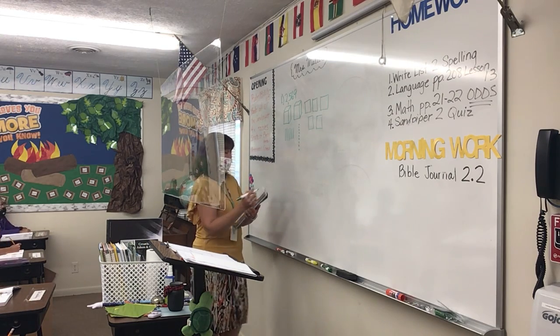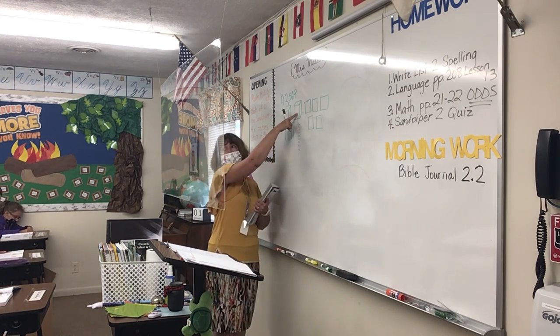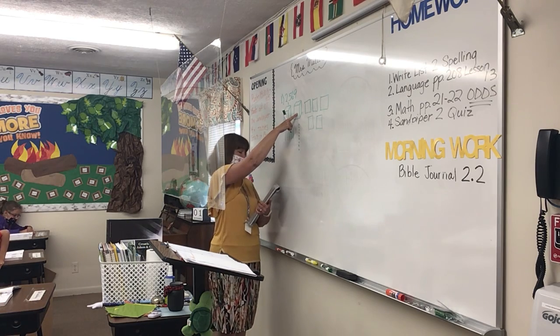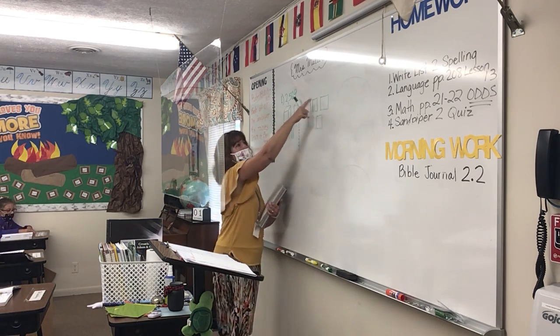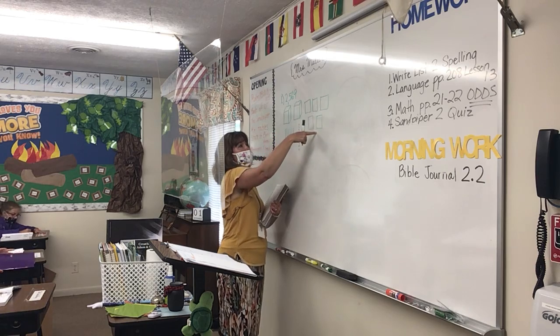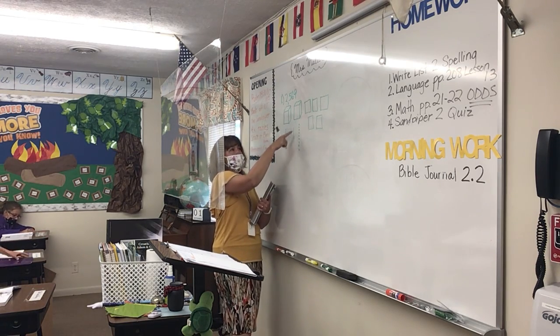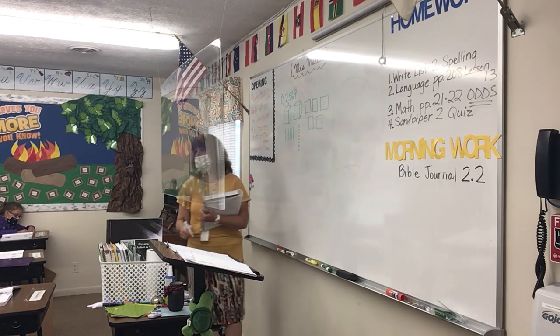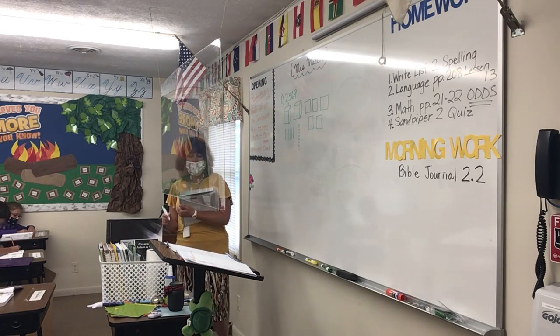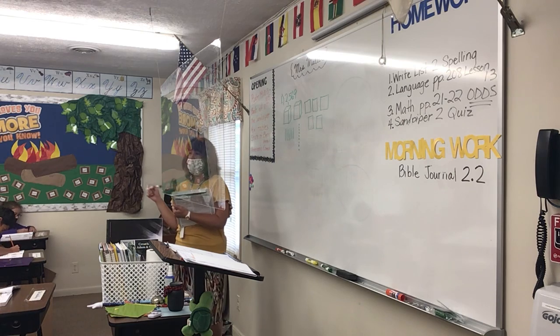So we used 2 1,000s, 5 hundreds, 6 tens, and 9 ones. Now, let's rename it, but we're not going to use thousands.